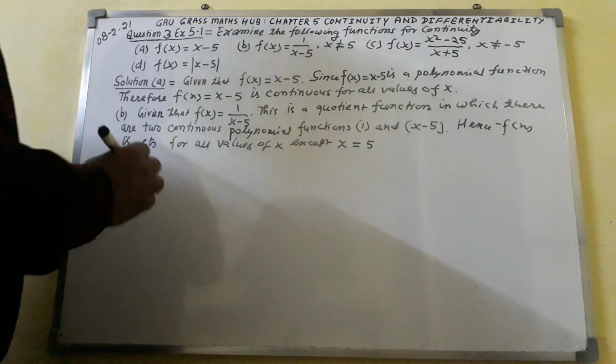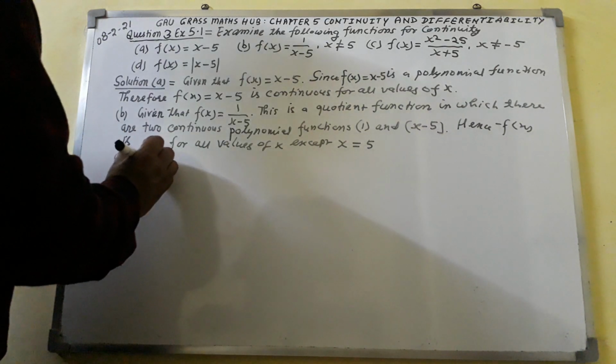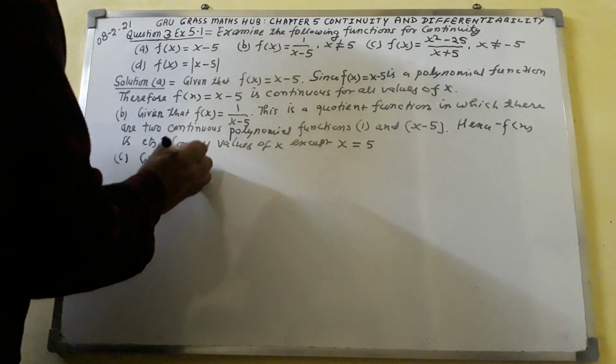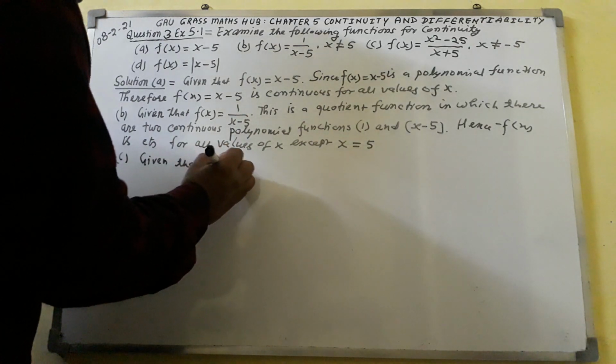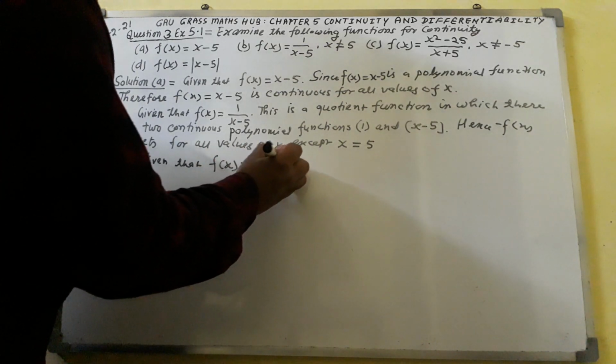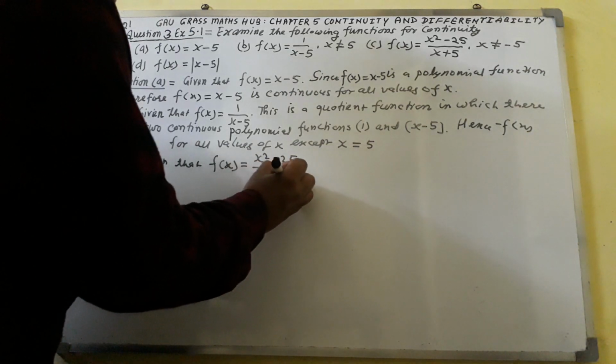Now come to C. Given that f of x equal to x square minus 25 whole over x plus 5.